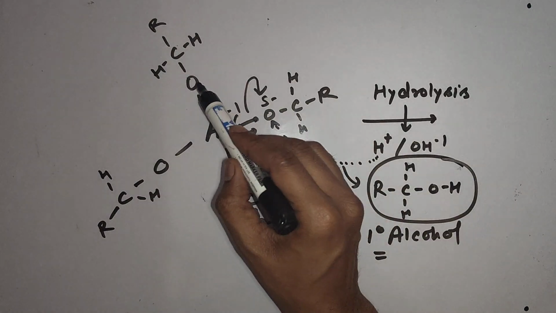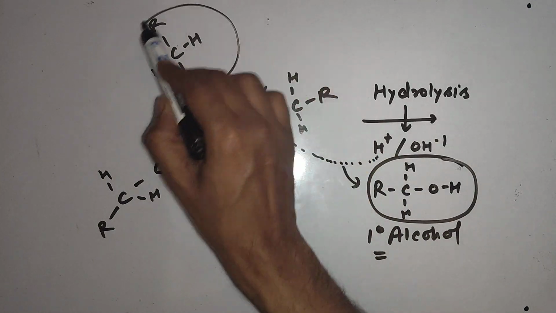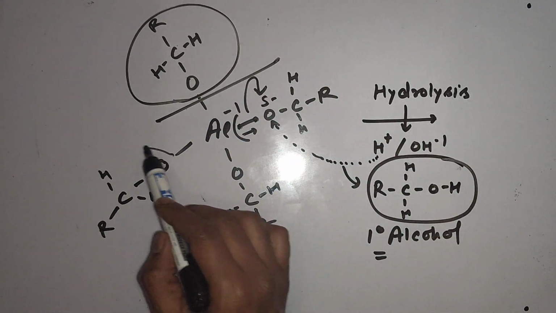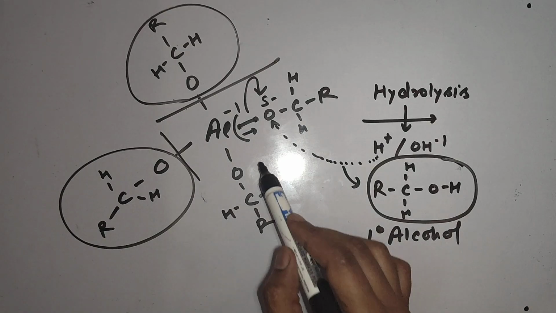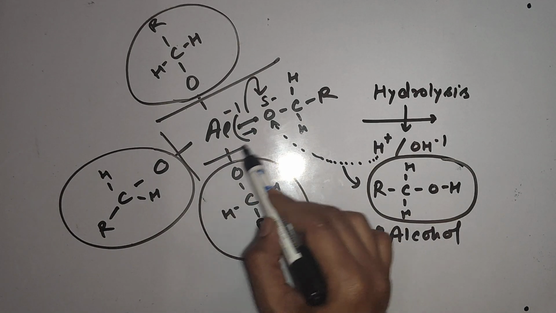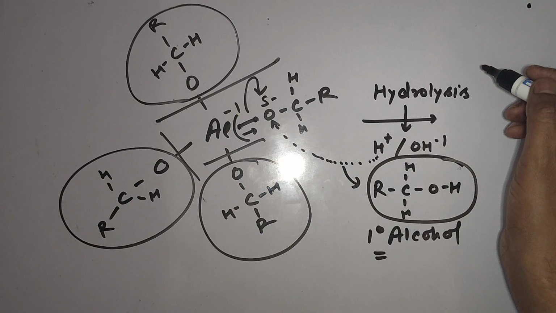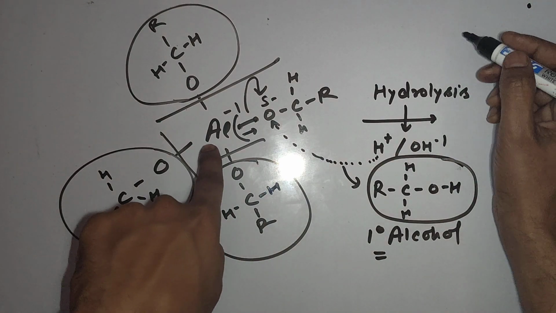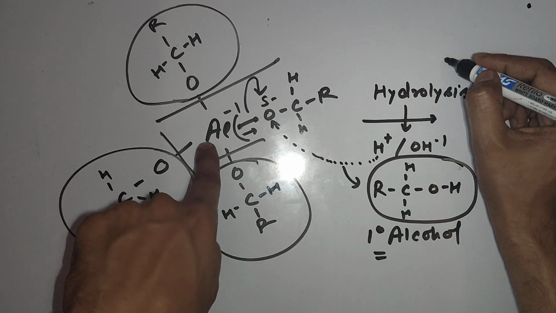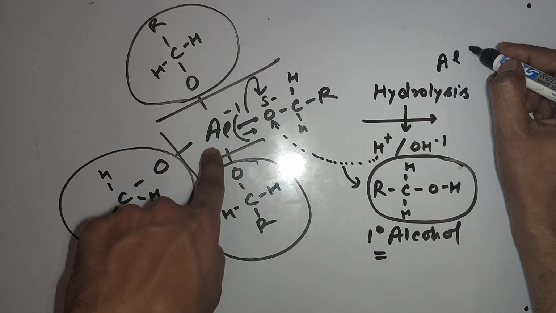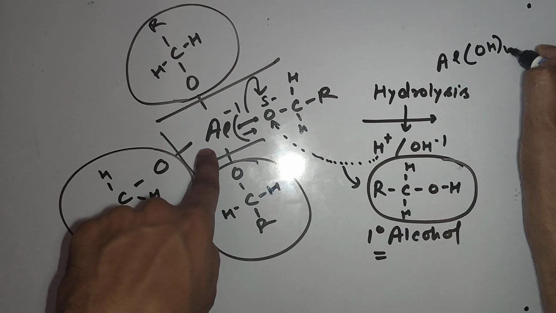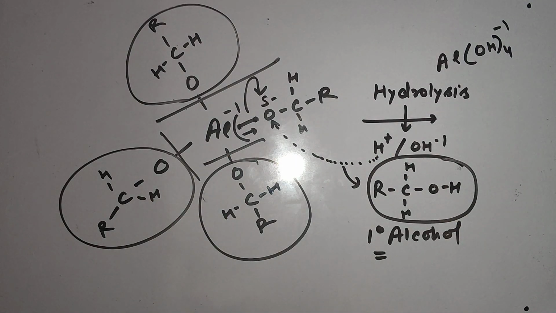Similarly, hydrolysis of this particle will happen, the bond will break. Hydrolysis of this particle, the bond will break. Hydrolysis of this particle, the bond will break. In this fashion, 4 alcohol particles will generate here, and this aluminium will turn to aluminium hydroxide, Al(OH)4 negative.